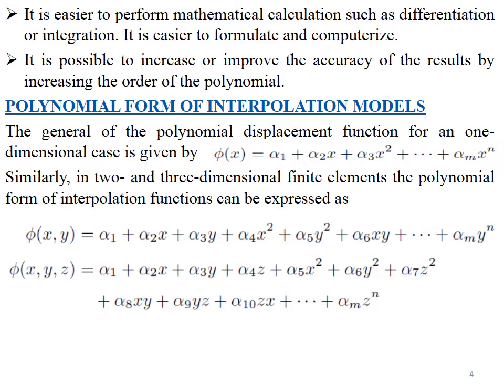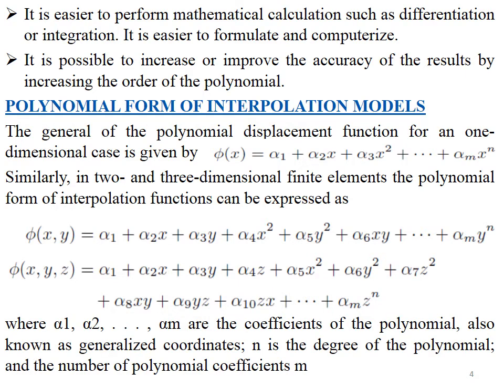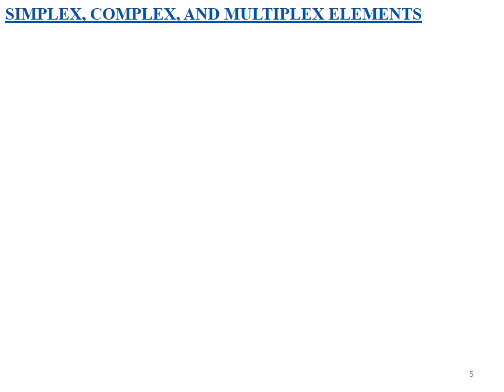Similarly for three dimensions, phi of x comma y comma z equals a1 plus a2x plus a3y plus a4z plus a5x squared plus a6y squared plus a7z squared plus a8xy plus a9yz plus a10zx, up to the power n. Here alpha 1, alpha 2, up to alpha n, or a1, a2, are the coefficients of the polynomial. These are also known as the generalized coordinates. n is the degree of the polynomial, and also the number of polynomial coefficients.